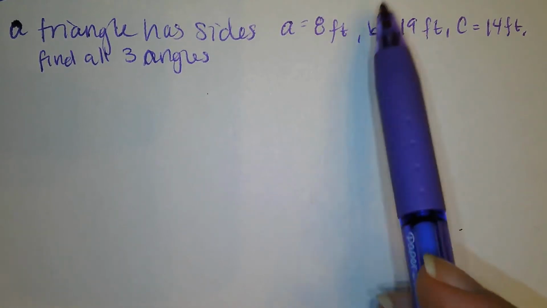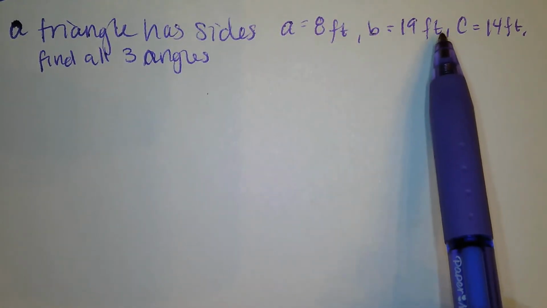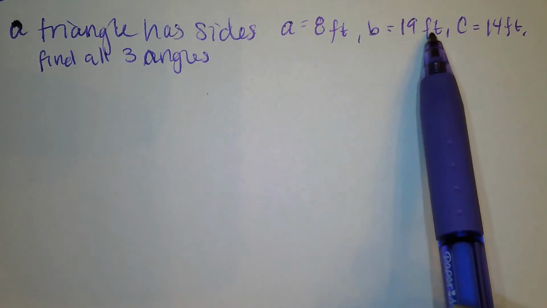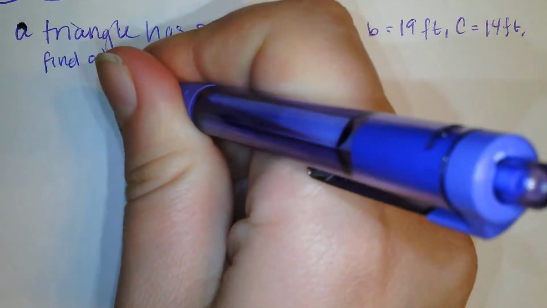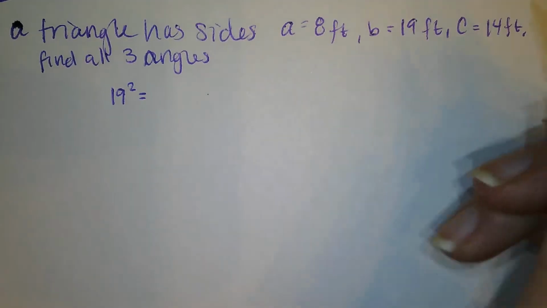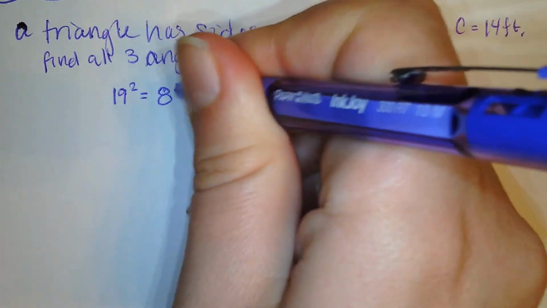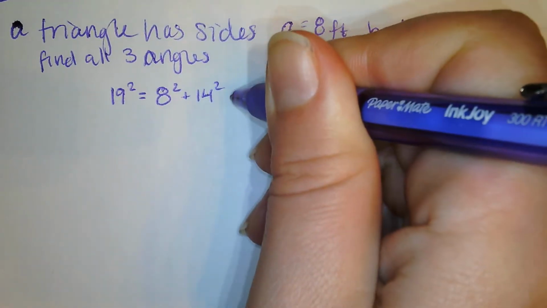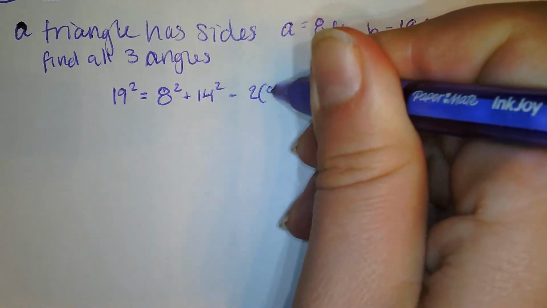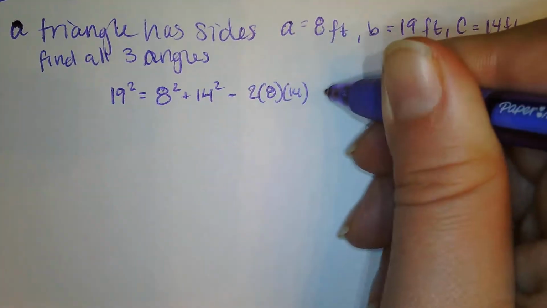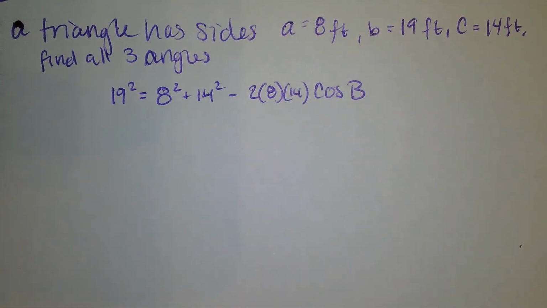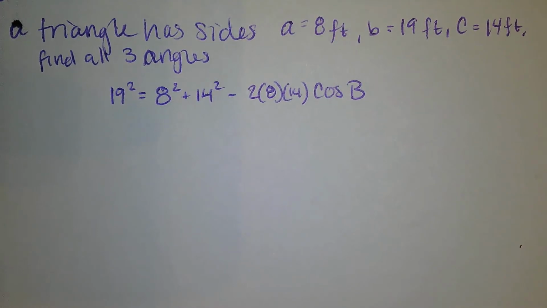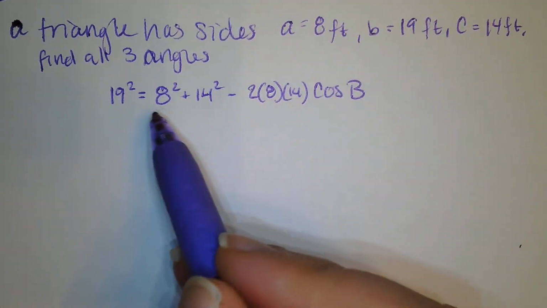So the angle that we're solving for is going to be the one on the other side. So I'm going to put 19 squared equals 8 squared plus 14 squared minus 2 times 8 times 14 cosine B. And we're going to solve for that.